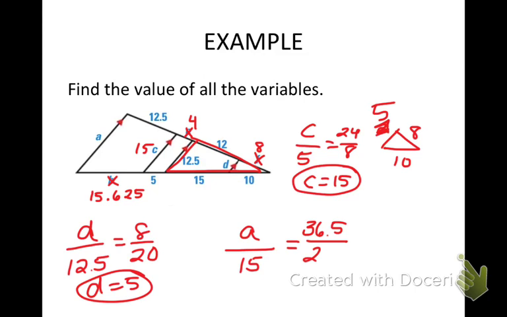Good. Again, me personally, I would have went with just 8. Like I would have done A over 5 is equal to 36.5 over 8. But it gets to the same thing. So cross multiplying that, 36.5 times 15 divided by 24 gets me 22.8125. Okay?